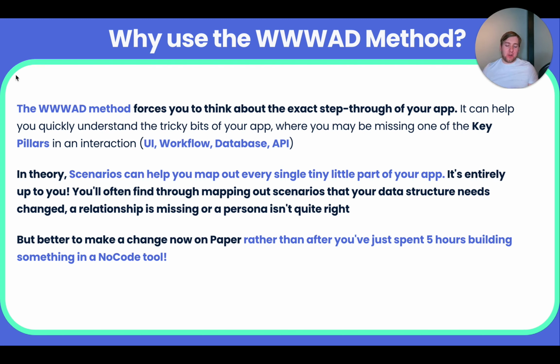You want to write these out, not only so you can follow that as a blueprint, but so that you can uncover where you're missing little steps. One of the hardest things about building software is when I build something on a no-code tool, or even with normal code, and I go to build the next thing and I've only half thought it out, so I start to procrastinate because I don't really know how I want this screen to look yet.